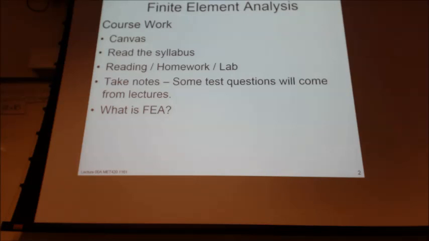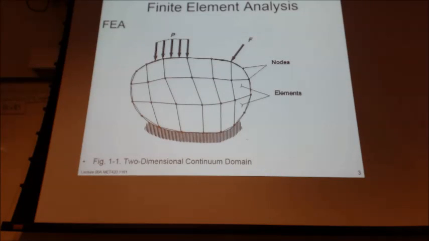So what is FEA? The building blocks for FEA are nodes and elements. Okay, and we'll create solutions using those elements, which will subdivide our geometry, and the nodes are the points that interconnect between the elements.